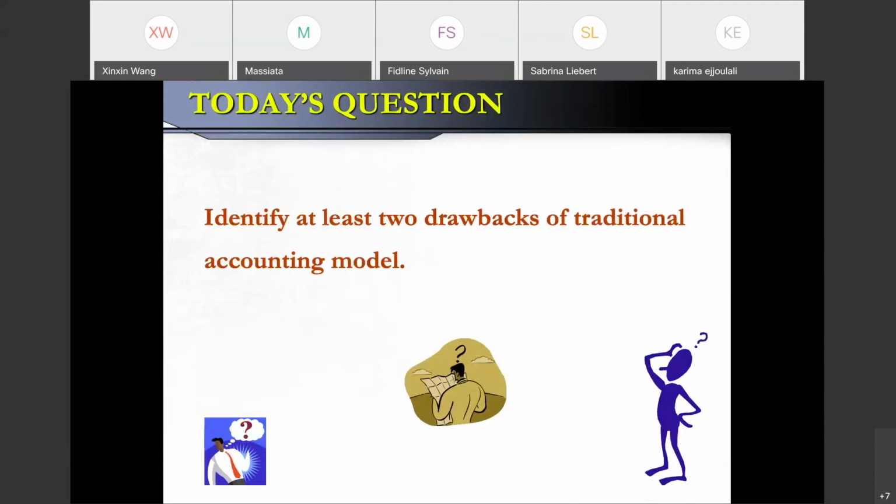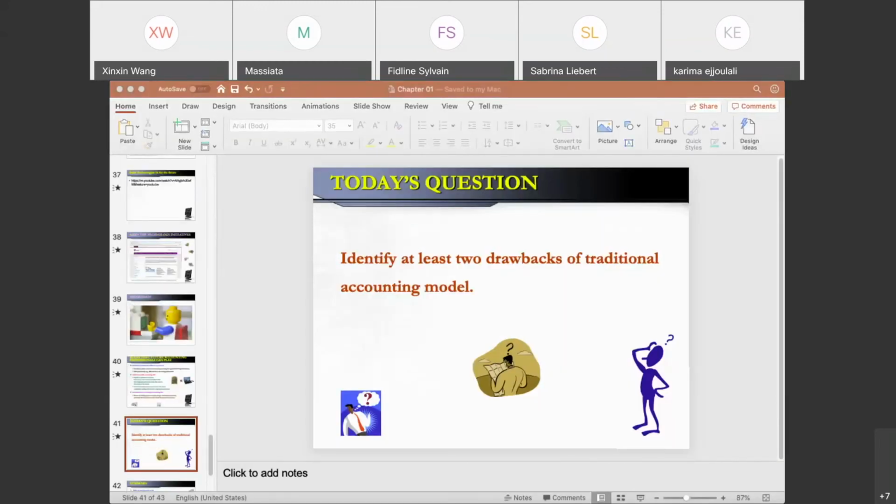I want someone to do a recap of the two drawbacks of the traditional accounting model. Anyone can do that? How about Manur? I mean, one was that if you don't have technology, it can be time consuming. And the second drawback of the traditional model was... Fedlin has a connection problem.